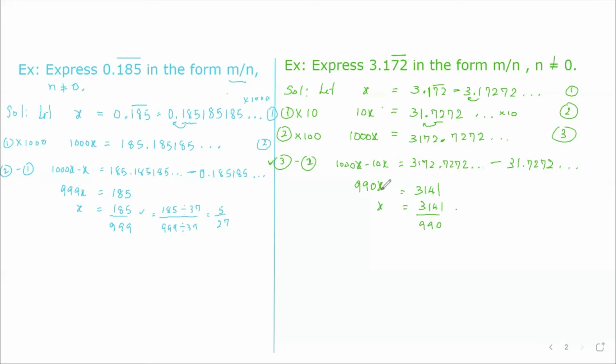Now we come back to do the shortcut. How to do it? You take all the number 3.172 as the whole number, so it becomes 3172.